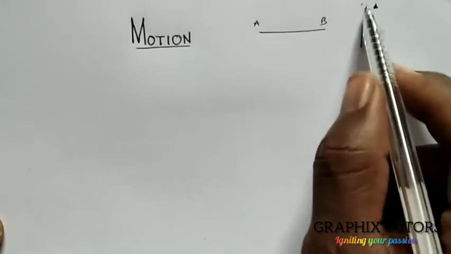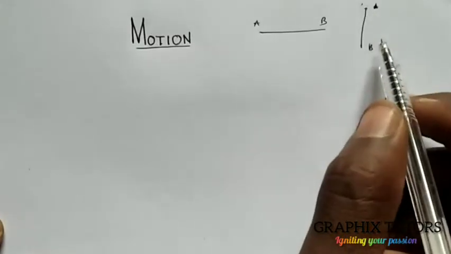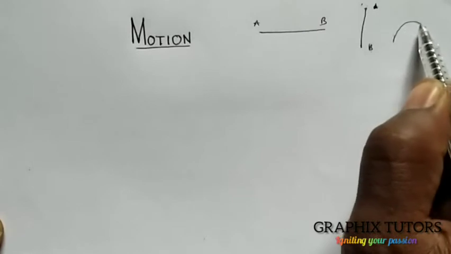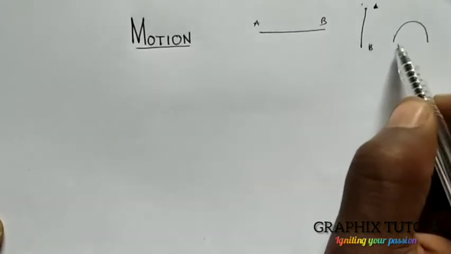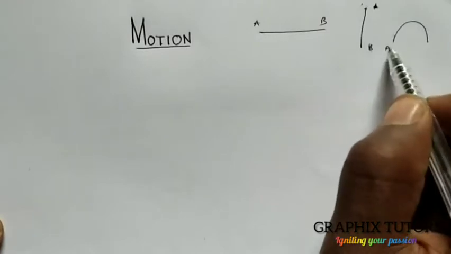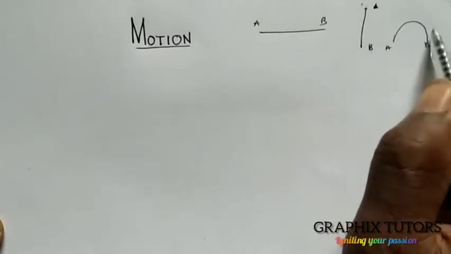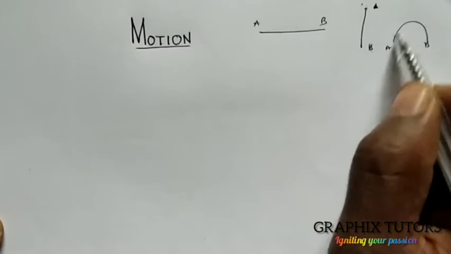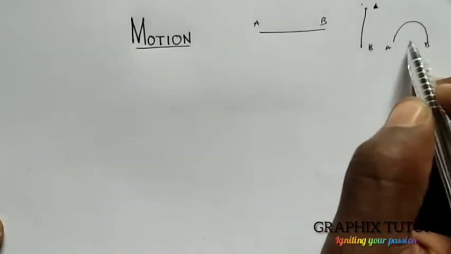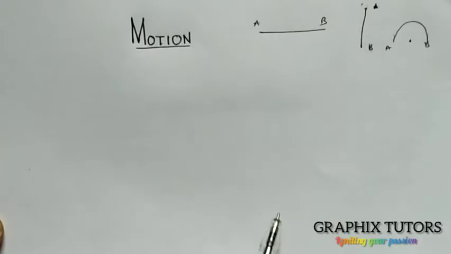This is at the influence of what? Gravity. Or a body can move on a circular path, on a curved path, right? From A to B. This is called an angular motion. Motion about a point, right?